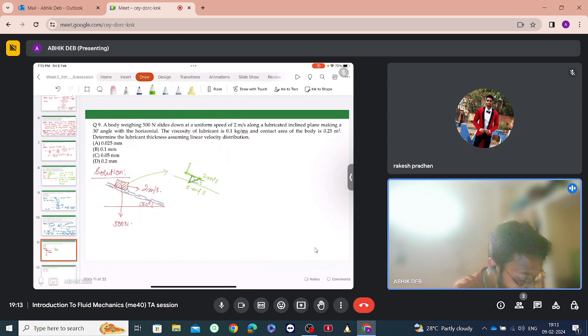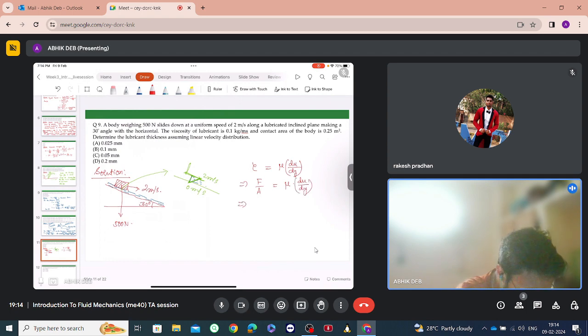So if we apply Newton's law of viscosity here, tau is equal to mu du by dy. What is tau? Tau is the force per unit area, right? So force per unit area is equal to mu du by dy.